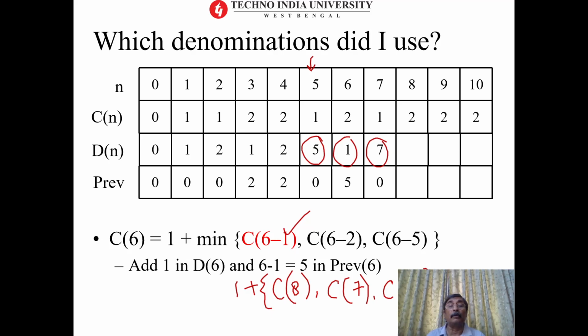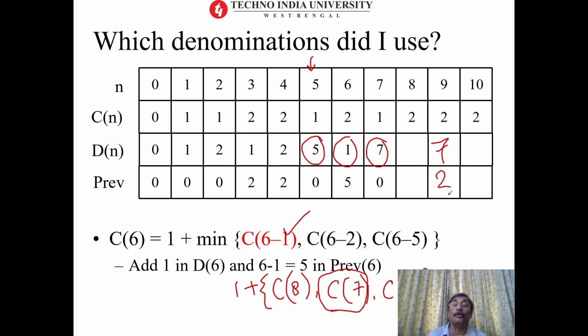So what is the minimum out of these three? C8 is 2, C7 is 1, and C4 is 2. So C7 is the winner. Which denomination should I use for 9? One coin of denomination 2. How much is remaining? 7.